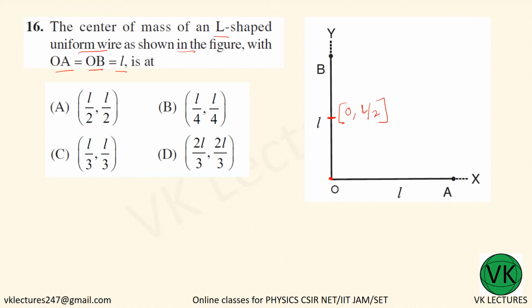And now let us see if only OA was present. Here it would be the center of mass. So what is the coordinate of that center of mass? L by 2 comma 0.